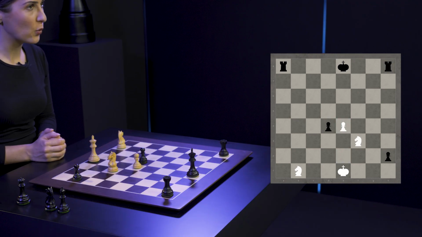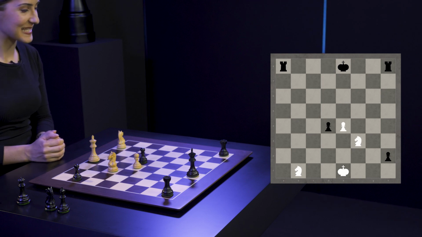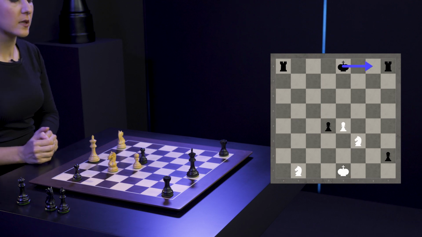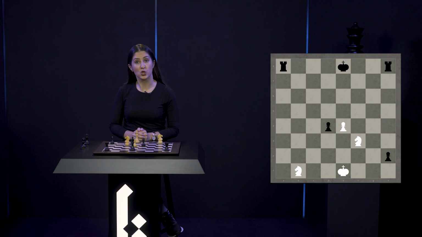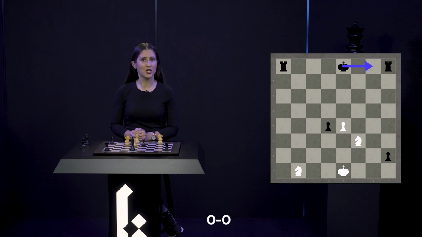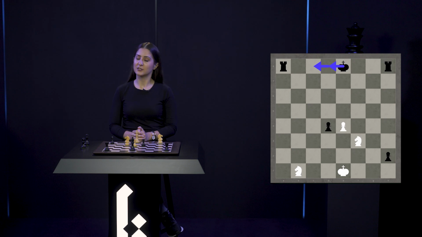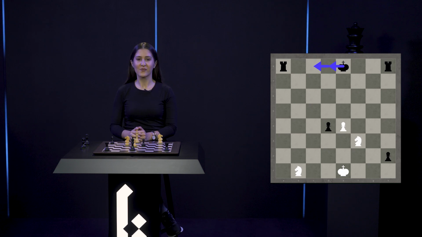There is one more move that you need to know how to notate, and this is castling. In this position, black can short castle or long castle. If black chooses to do the short castle, it will write 0-0, so 2 zeros. If black wants to long castle, then you will have to write 3 zeros, always with dashes: 0-0-0.